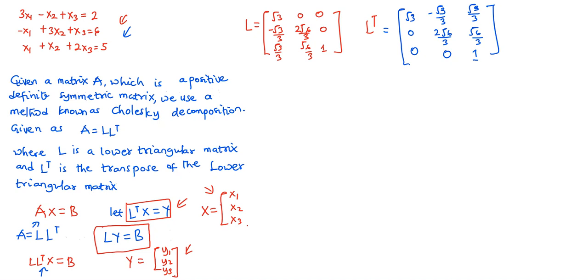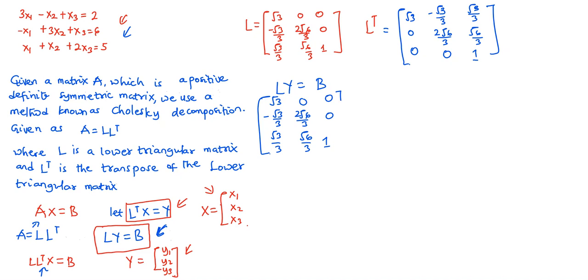So let's go ahead and apply Cholesky's method. First of all, you're going to use this formula where you have Ly equal to b. We have our L to be root 3, 0, 0, and then minus root 3 on 3, and then 2 root 6 on 3, then 0, and then root 3 on 3, then root 6 on 3, and also 1.